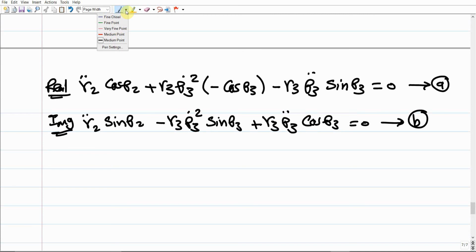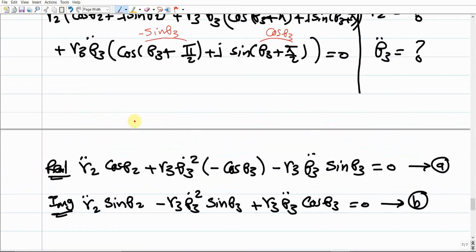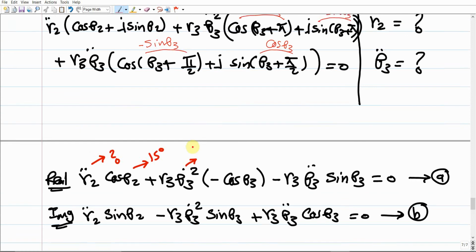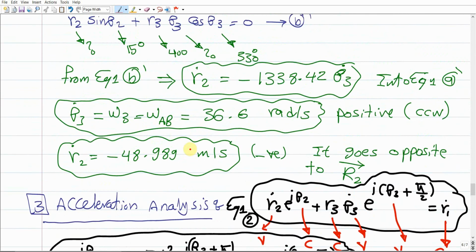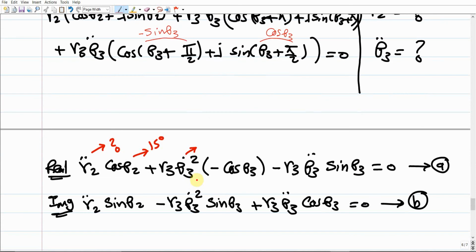Our objective right now is just to substitute, as we did many times before. How much is R2 double dot? We have no clue, this is unknown. Theta 2 is 15 degrees. Theta 3 dot square: theta 3 dot we already got in the velocity analysis, 36.6, but it should be squared here.